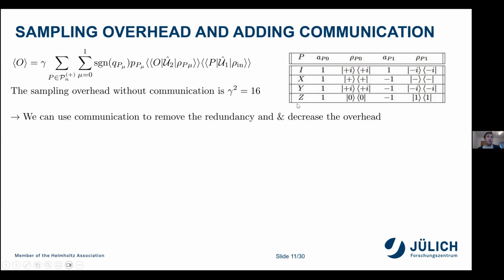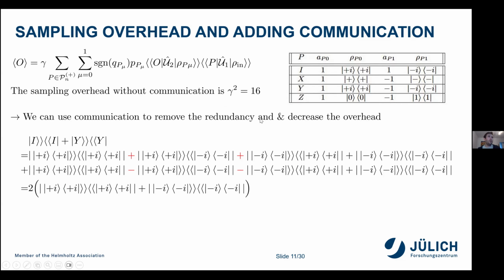If you look at this table, you will notice that our protocol right now has some form of redundancy, because we use the eigenstates of the Pauli Y for the Pauli Y, but also for the identity. So sometimes we will initialize the same eigenstates. It turns out that we can use communication to remove this redundancy, and this will decrease the overhead of the wire cut.